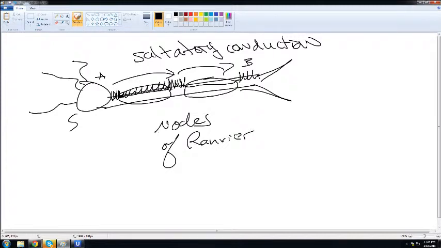So now you all know the chemical and electrical properties behind the action potential, the electrostatic and the diffusion forces, how those contribute to the equilibrium potential. You know the different stages of the action potential in every single one of these little depolarizations here.